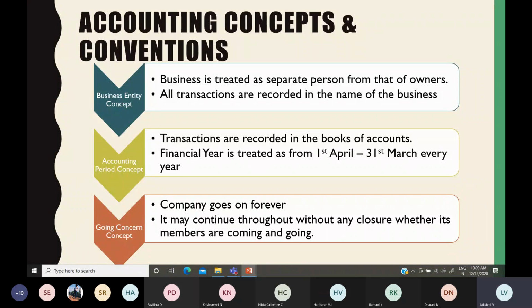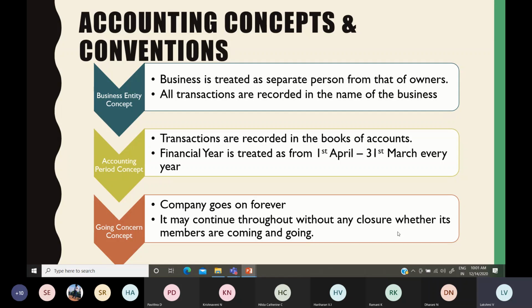So that is the going concern concept. It is an assumption that the company will go on throughout and will not stop for any person. If a person has died, retired, or moved away, whatever might happen to any shareholder or member, the company will continue forever without any closure.